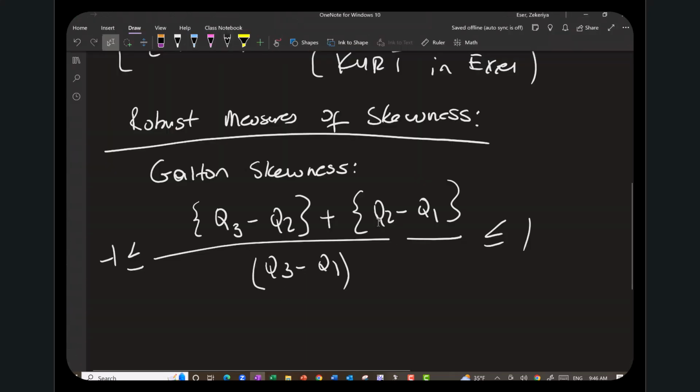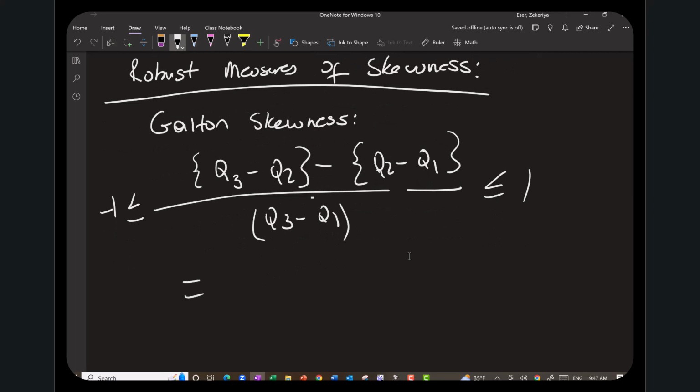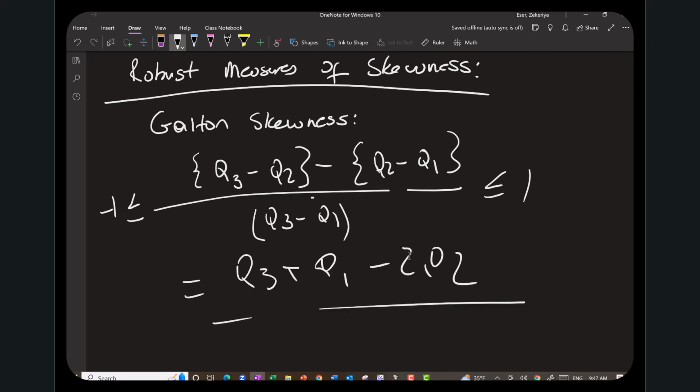if you worked out the algebra, it's Q3. Let me see. Oh, I'm sorry, this should be minus. So this is actually Q3 plus Q1 minus 2Q2.